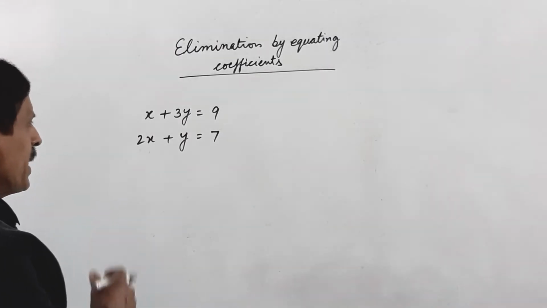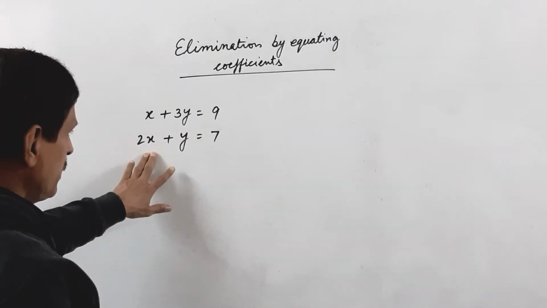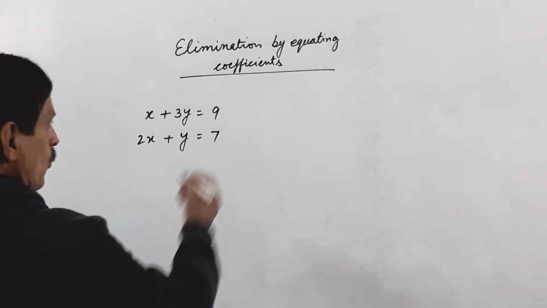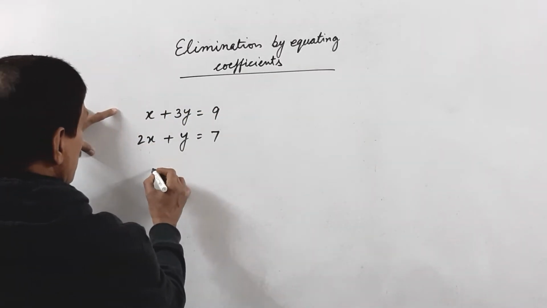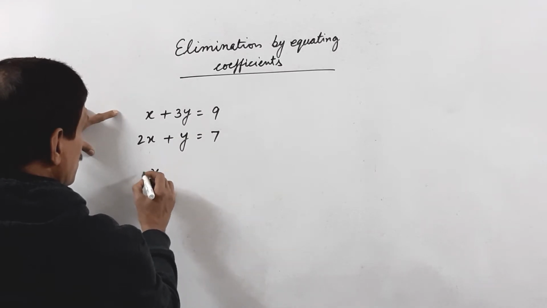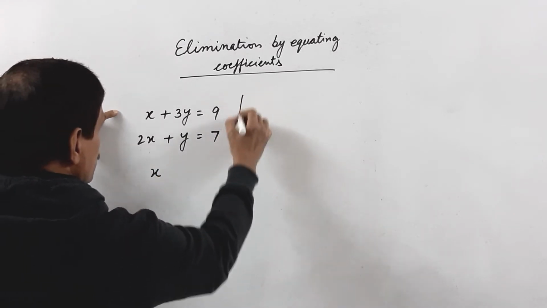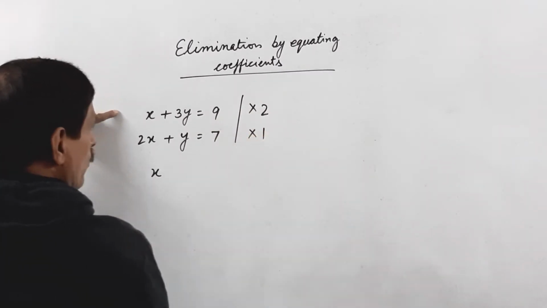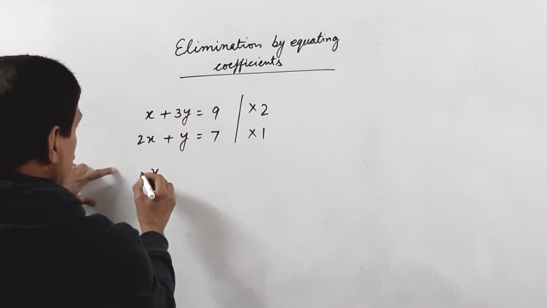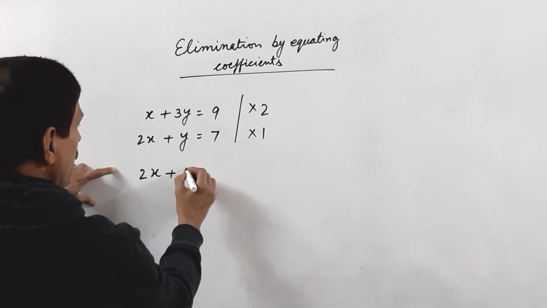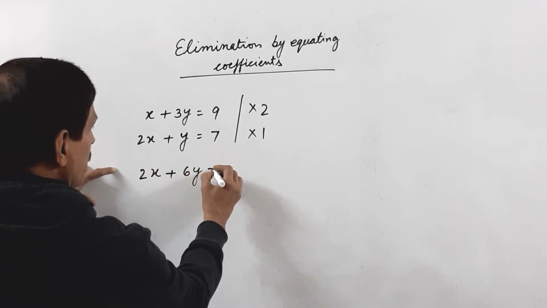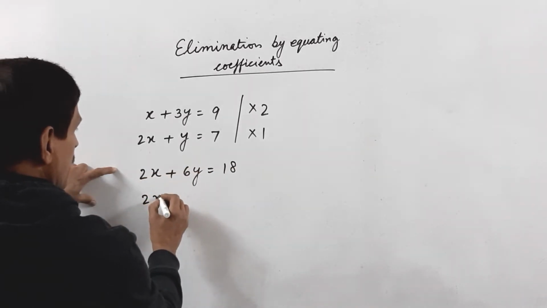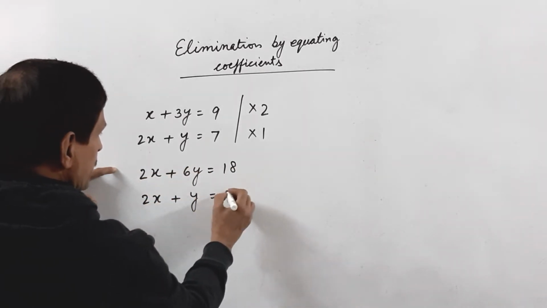If we want to eliminate x, then we have to equate its coefficient in the two equations. So the first equation is multiplied by 2 and the second by 1. So the first equation becomes 2x plus 6y is equal to 18 and the second equation is copied as it is.